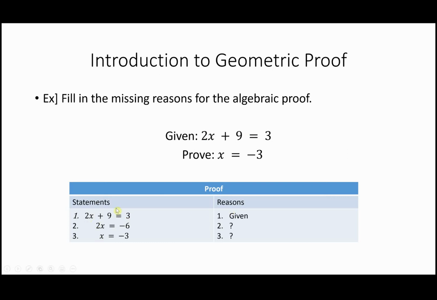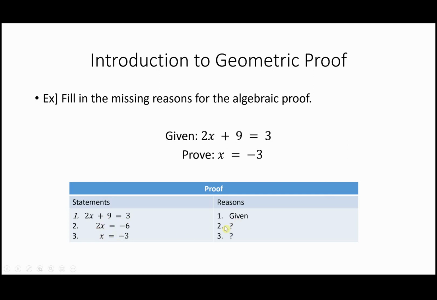And then we need to think about how we get from the first given statement to the second statement and come up with justification for what happened from step 1 to step 2. So what do you think is happening algebraically here? Well, it looks like we subtracted 9 from both sides to get this result.